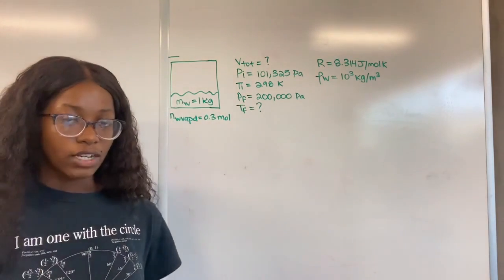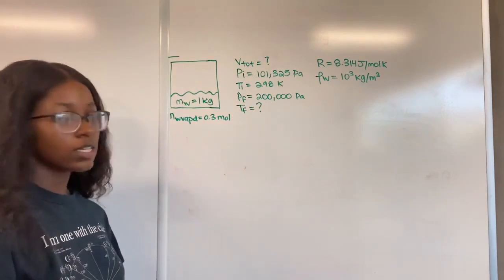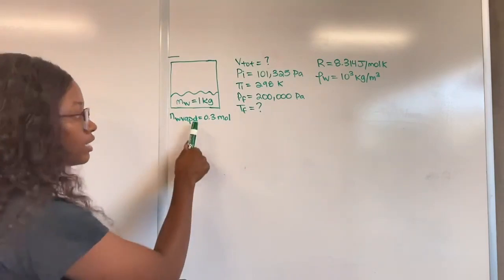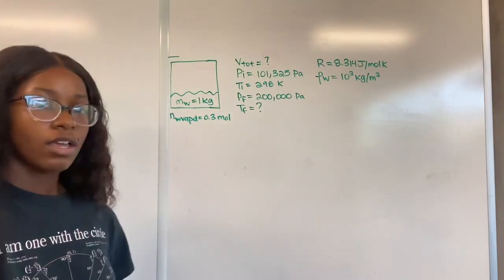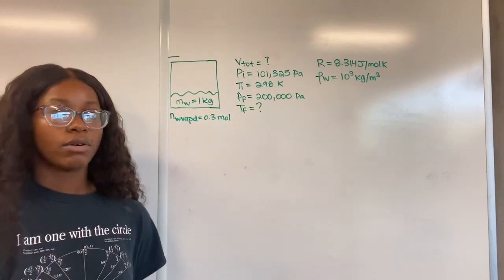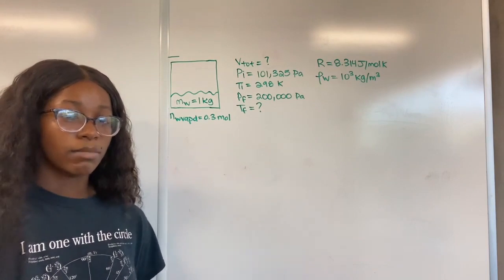To absolve any confusion, for my variable, I did n for moles, sub w vap, which stands for water vapor, and b for desired.